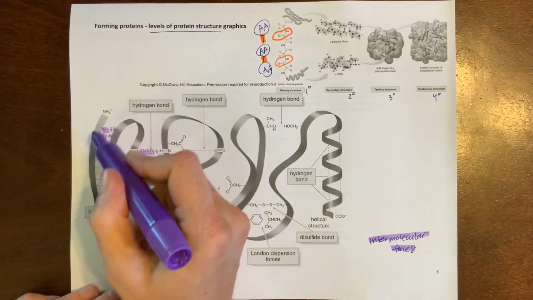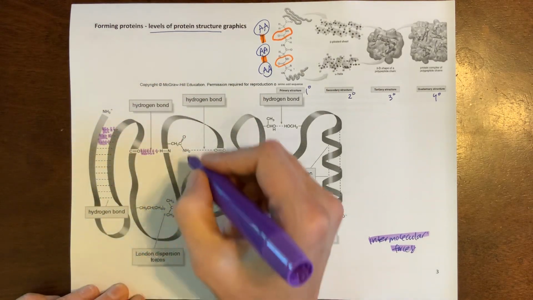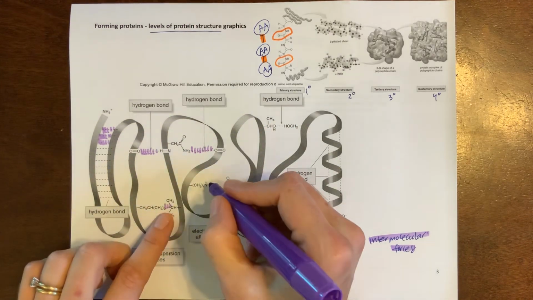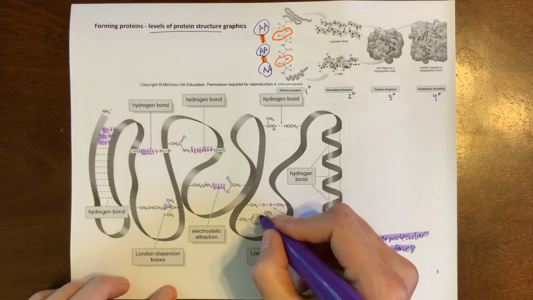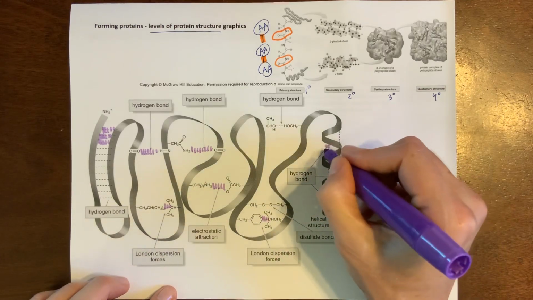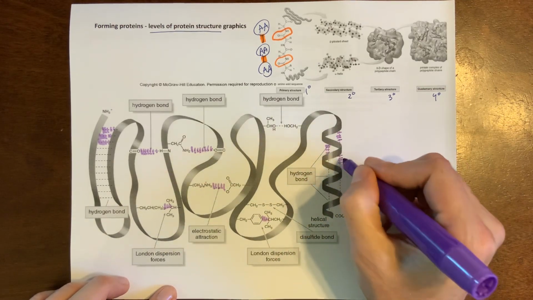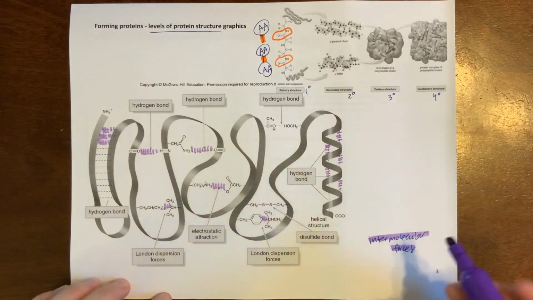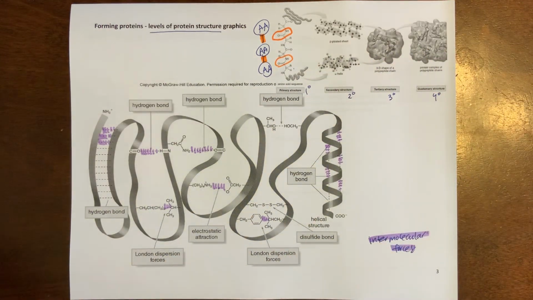So this would be my long chain of amino acids, and suddenly these attractions show up. Even where there's no dashed lines, there's still attractions there, holding this protein into the cool ribbon shapes that we can see here and that we saw with the hemoglobin earlier. So I just colored in a few, but there's a bunch of those weak attractions between molecules, and that's what we're going to dive into more on the next page.